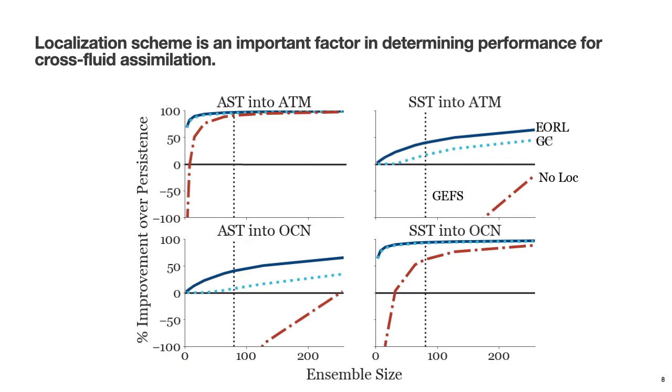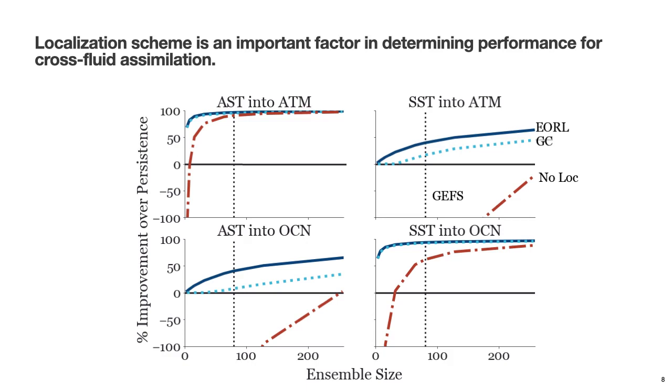That's consistent with what we've seen before. However, for strongly coupled data assimilation, at this operational ensemble size, we definitely need to use localization. That's not a surprise. What is perhaps surprising is that even with the very best Gaspari cone localization, where we pick the optimal localization radius at every single grid point, it's still not giving us a whole lot of improvement over persistence.